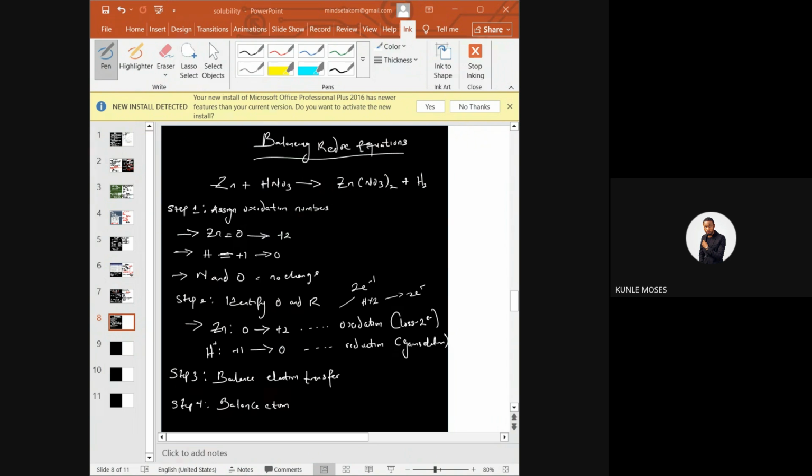So the last one is you balance the atoms. So let's balance the atom. What was the equation they gave us?